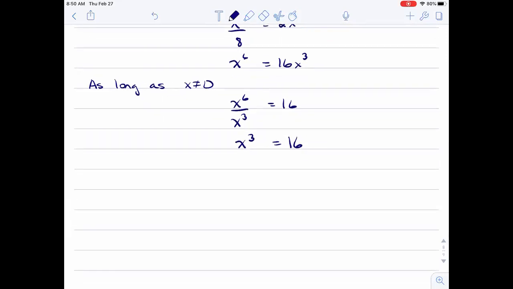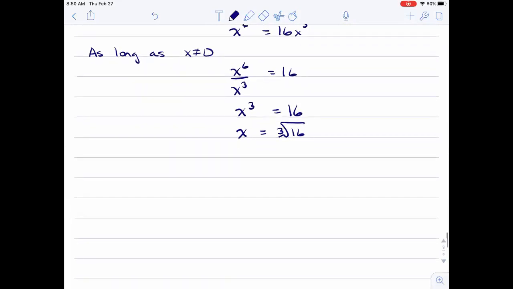And then finally solving for x, we get x is the third root of 16, or 16 to the power of 1 over 3, or roughly 2.5198, approximately.